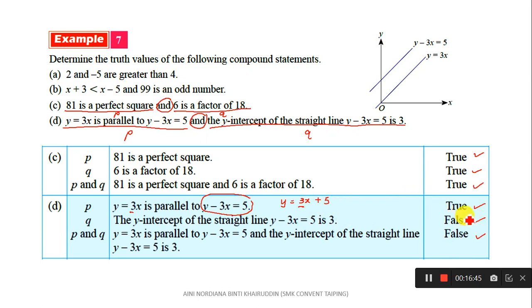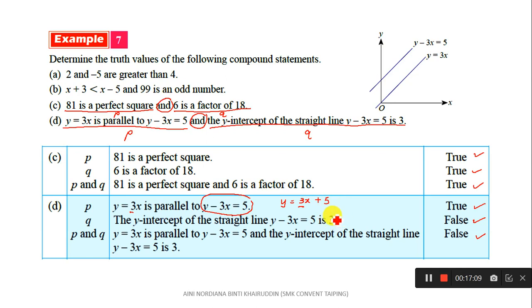In order to determine the truth value here, whether this is true or false, you have to know your previous knowledge. You have learned this in the Form 3 syllabus, which is straight line.